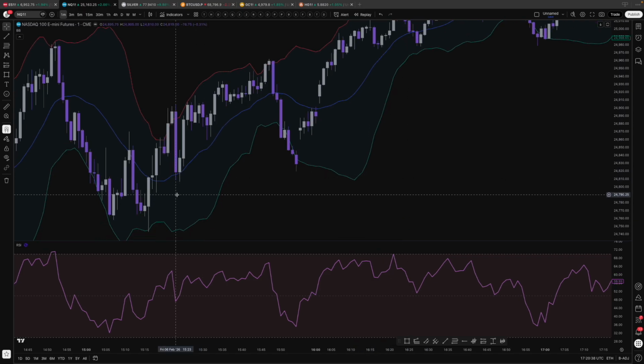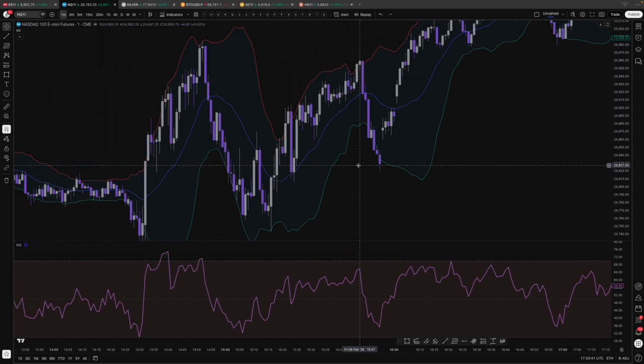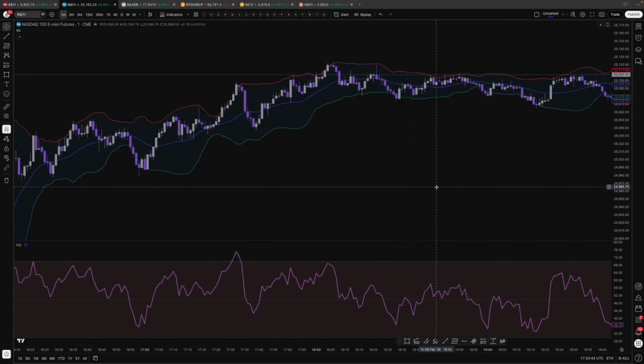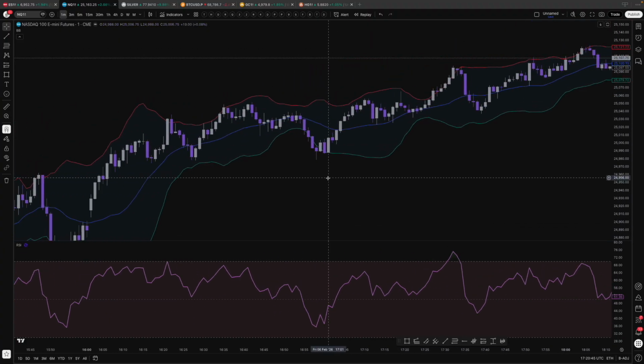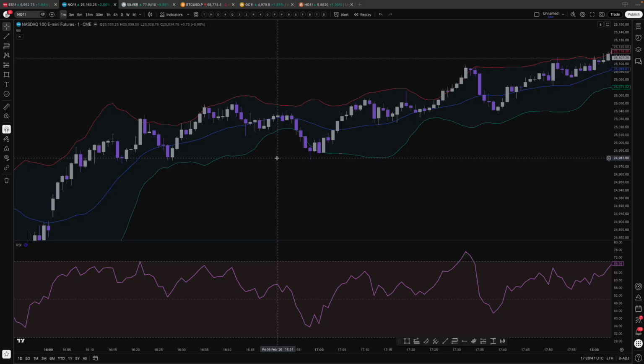Very, very simple stuff, actually. So here we go. Trend is up. You've got this big volatile push up, huge expansion on our Bollinger Bands. Get a little pullback, price pushes up, and now we're just waiting for a pullback, and that's it.